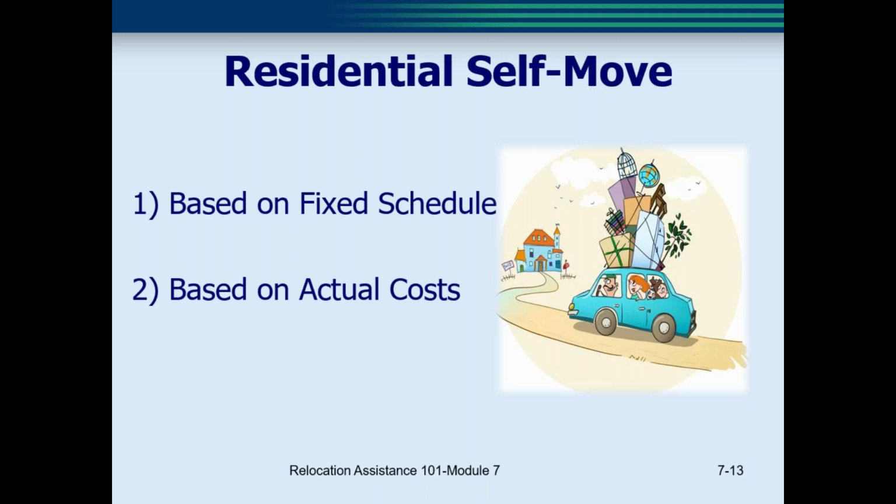The displaced person can either be reimbursed for a self move using a schedule, which is based on the number of rooms in the displaced dwelling, or by actual cost incurred in the move. So first we're going to talk about the schedule move, which is also called a fixed payment.